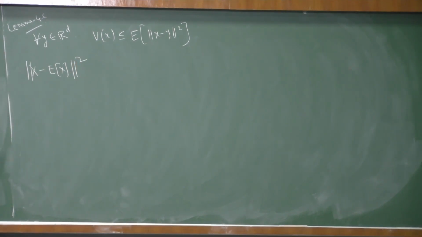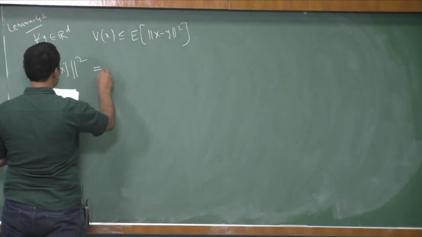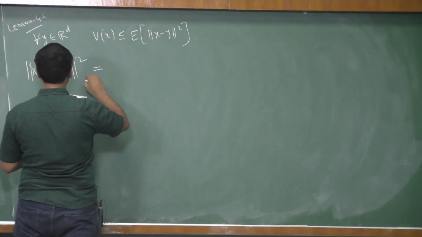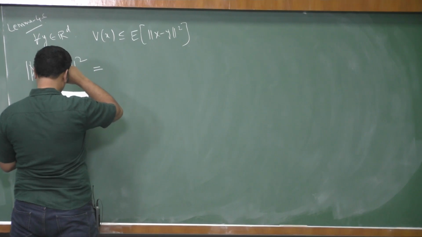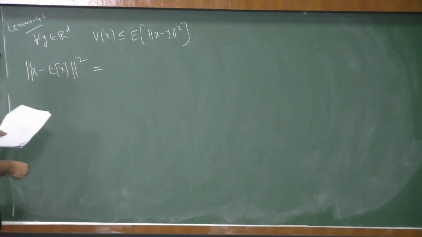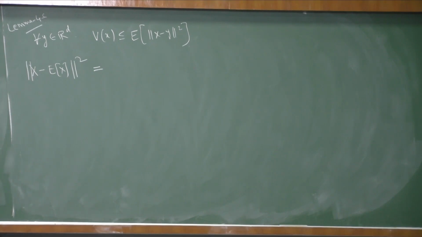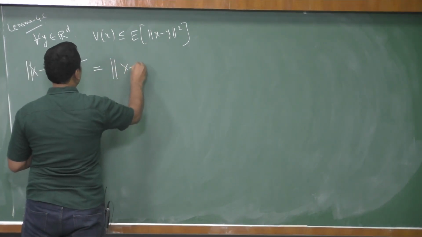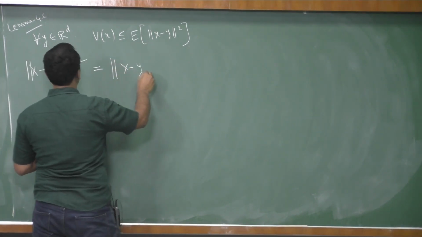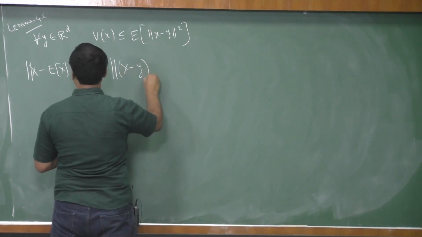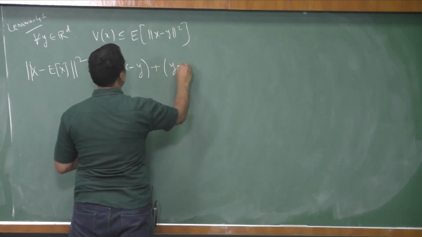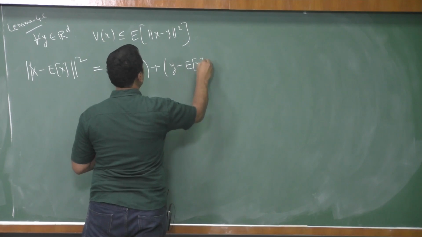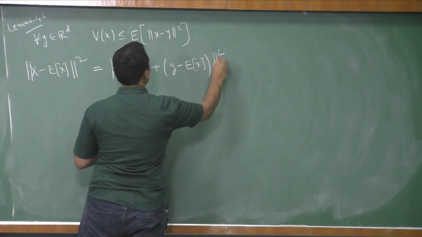If we expand this, then we have norm x squared, or, okay, y is also introduced here: minus y and plus y, right? So x minus y, and plus y minus expectation of x whole squared.